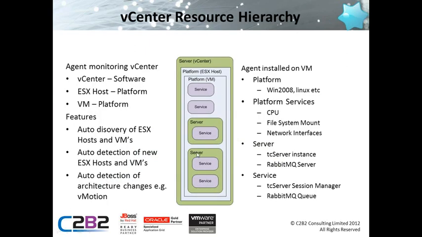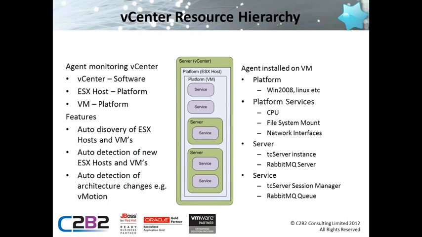So the resource hierarchy from what we saw before is extended to include a vCenter, and then there's individual platforms, and there's an ESX host, and then each ESX host has individual VMs within that. Other than that, all the Hyperic servers and services within that platform work as you'd expect. So Hyperic itself can auto-discover all the ESX hosts, auto-discover all the VMs running on those hosts, and also detect when vMotion and things like that occur.